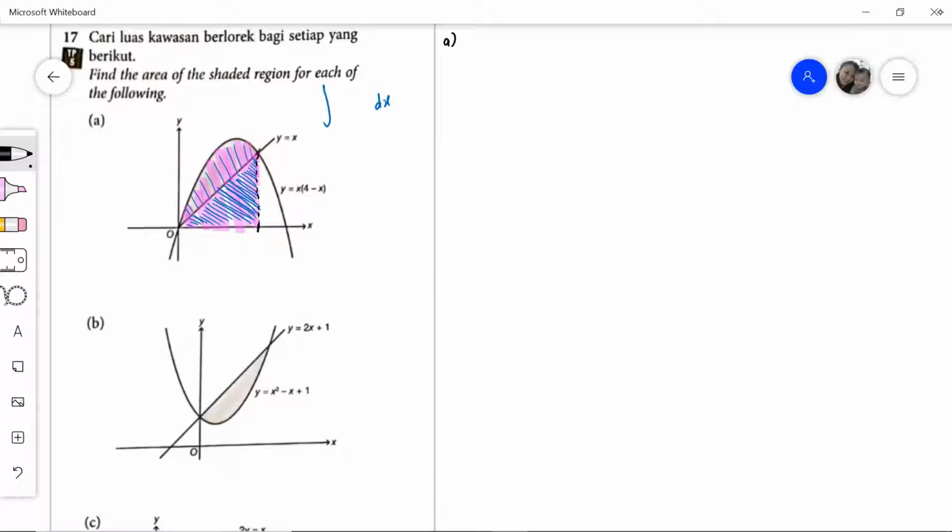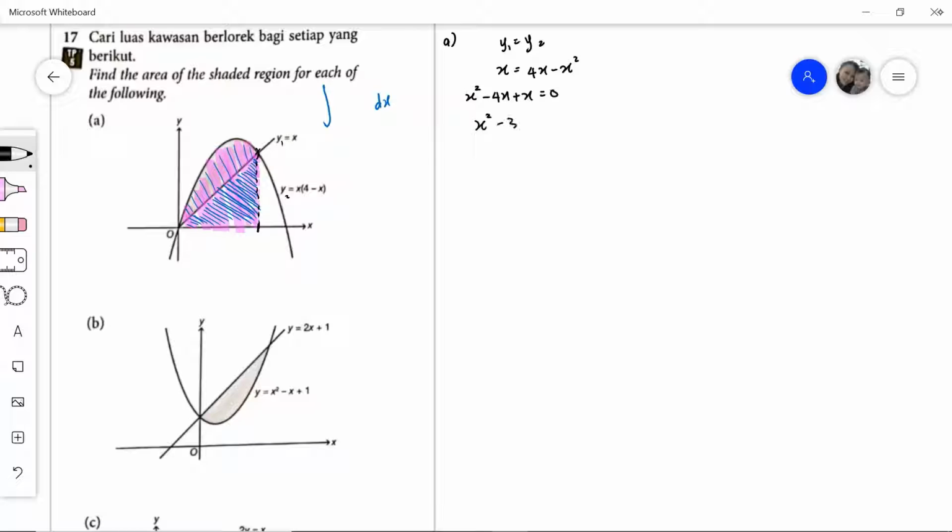Now, this is where our curve intersects with the straight line. So at this point, y1 equals y2. So we take y1 equals y2, therefore x equals 4x minus x squared. Let's rearrange. We have x squared minus 4x plus x equals 0.